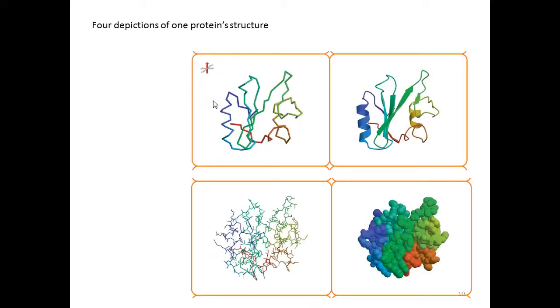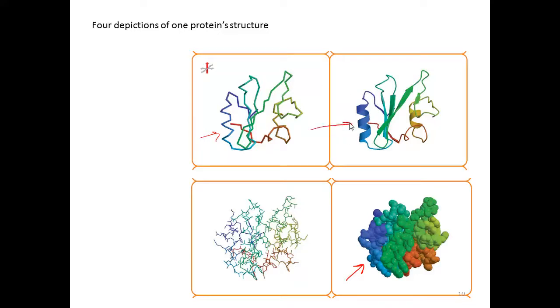This is 4 different depictions of the same protein. This is a backbone-only view. It's sort of simple to see, but again, we get fooled to think that there might be some space there. This is a space-filling model where the atoms have their electronic radii filled in, and as we can see, it's quite dense. It's closely packed.